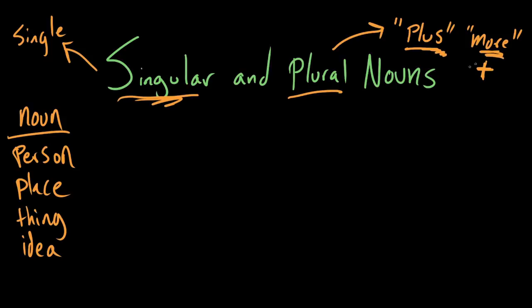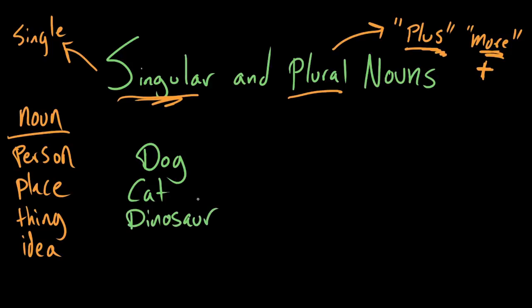There's more. So, let's go through it. Let's do some examples, and I'll show you how you make the plural in English, how to indicate using your language that there is more of one thing. So let's just throw out a couple of words. We got dog, cat, dinosaur, and whale.